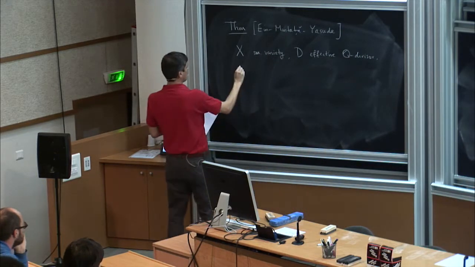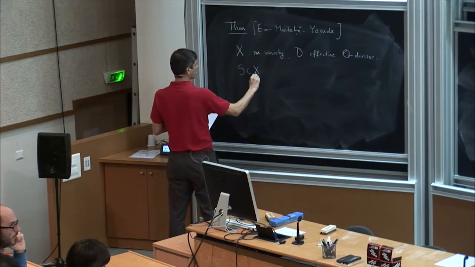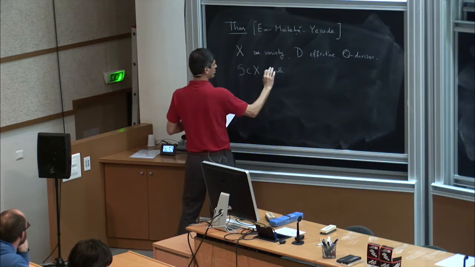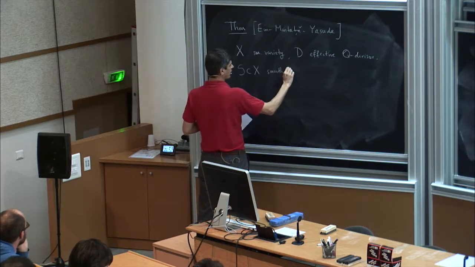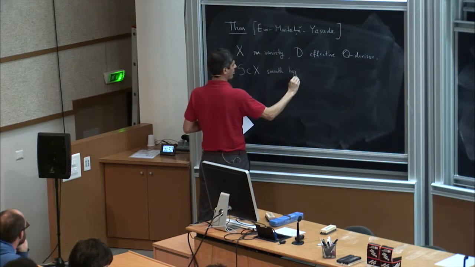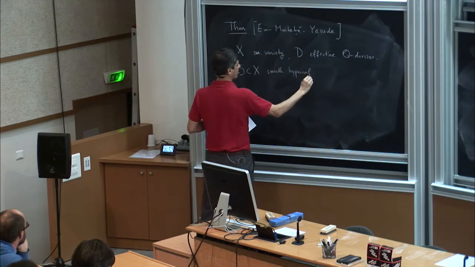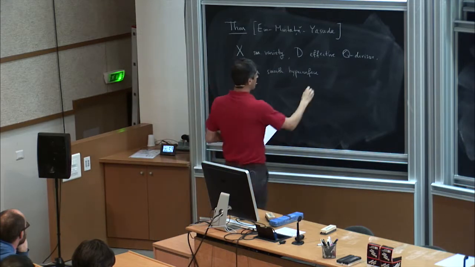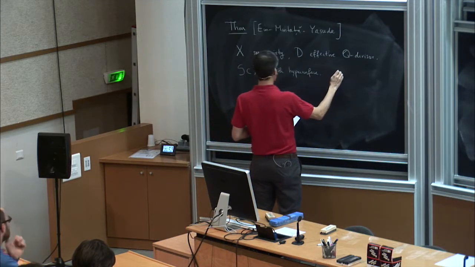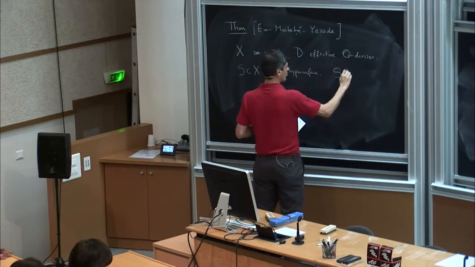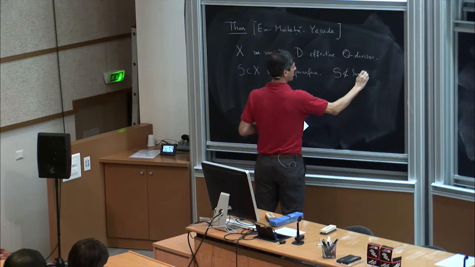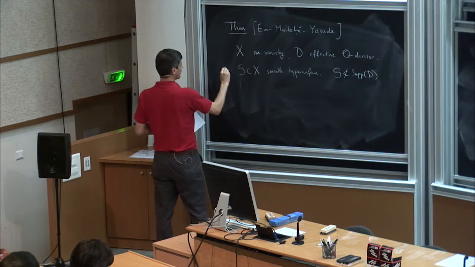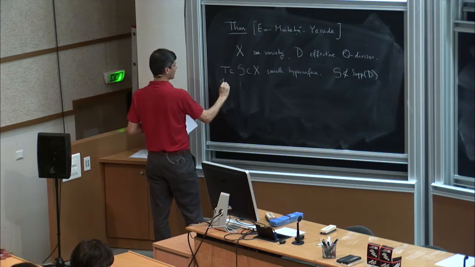And S inside X is some smooth hypersurface, like a smooth divisor. Assume that S is not contained in the support of D. And I'm going to take T inside S, some closed set.